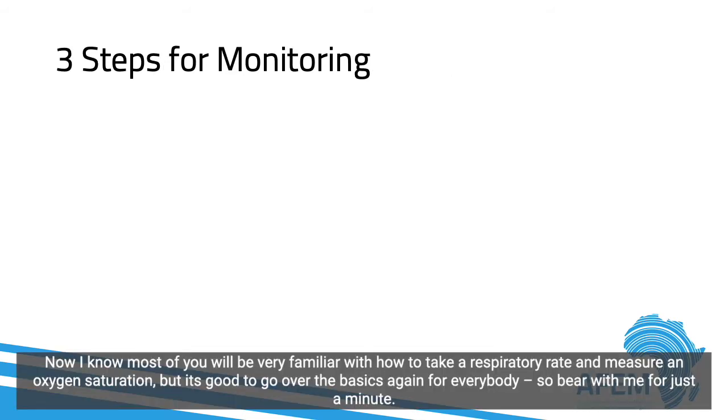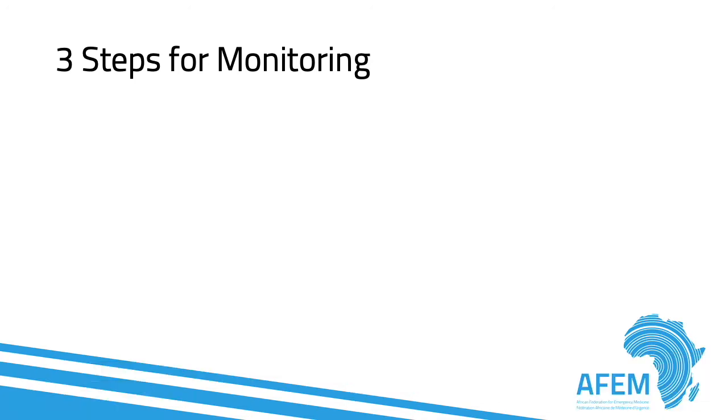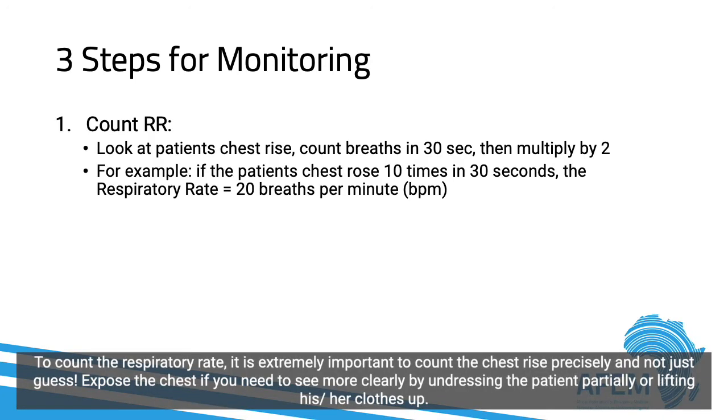Now, I know most of you will be very familiar with how to take a respiratory rate and measure an oxygen saturation, but it's good to go over the basics again for everybody, so bear with me for just a minute. To count the respiratory rate, it is important to count the chest rise precisely and not just guess. Expose the chest if you need to see more clearly by undressing the patient partially or lifting his or her clothes up.